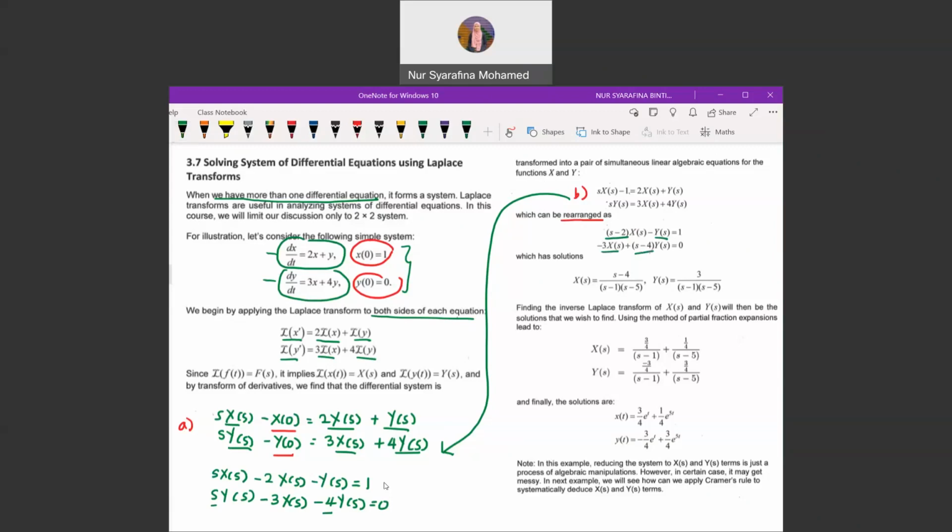So we have to rearrange this in terms of X(s) and Y(s).